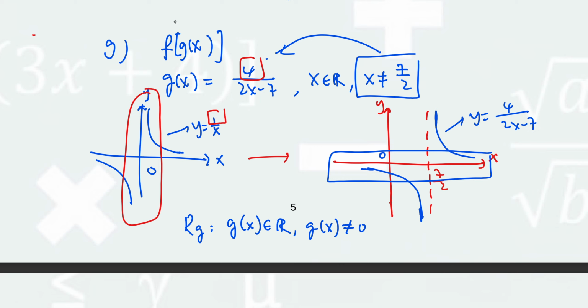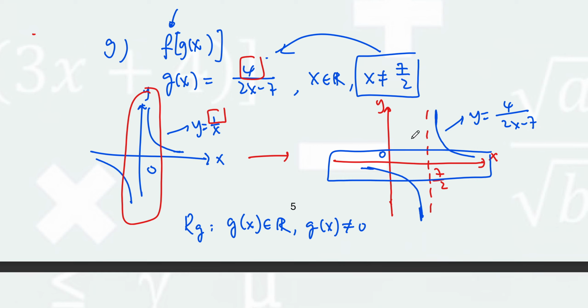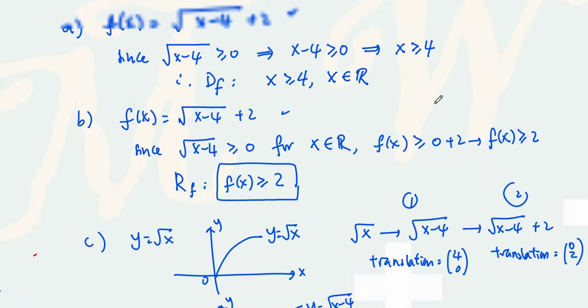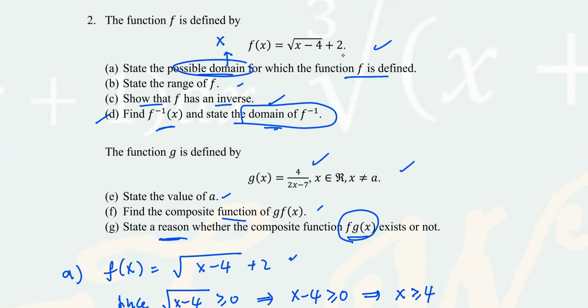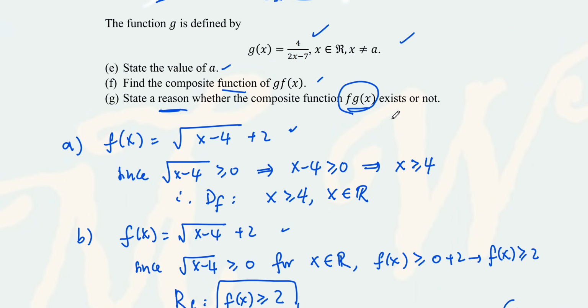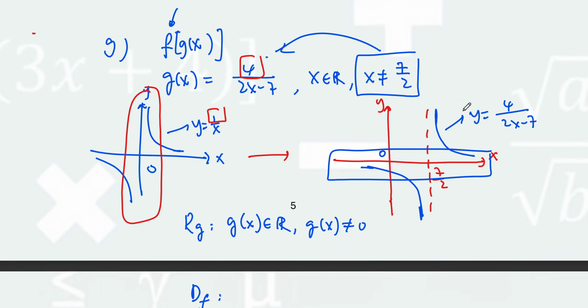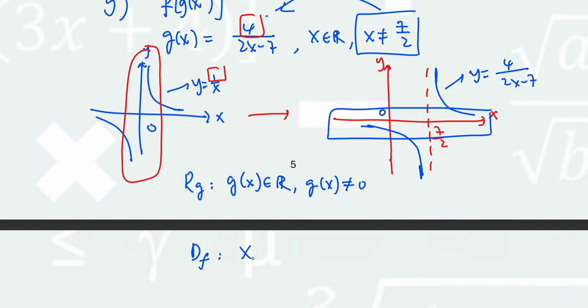And at the same time, I need to check what is my domain of f. We have found the domain of f is basically this result: x is a real number, but x is greater than or equal to 4.